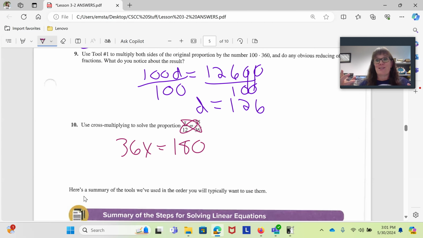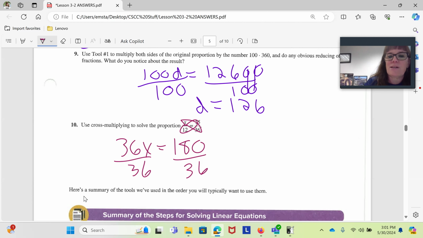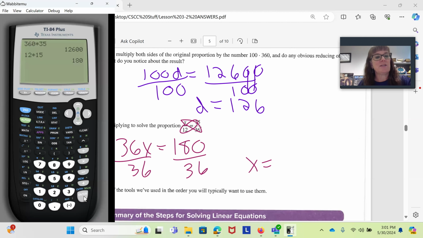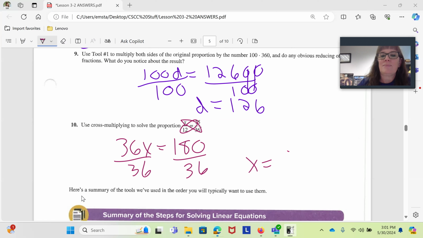And then, like I said, I love these because at this step, the 36 is smashed up against the x. That means times. I undo times by dividing, and I'm at my answer. Those are fun. And yes, I have an odd sense of fun. Let's take 180 divided by 36 in here. And you get 5.